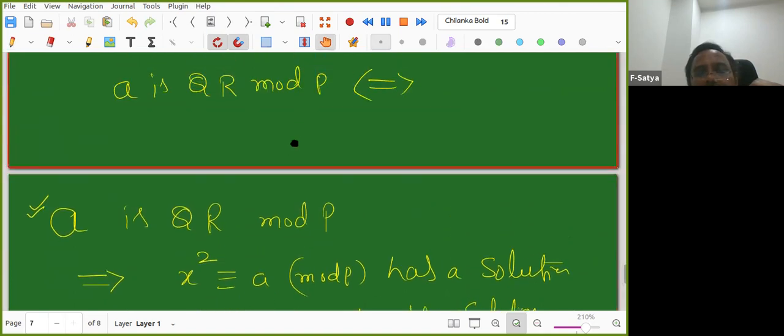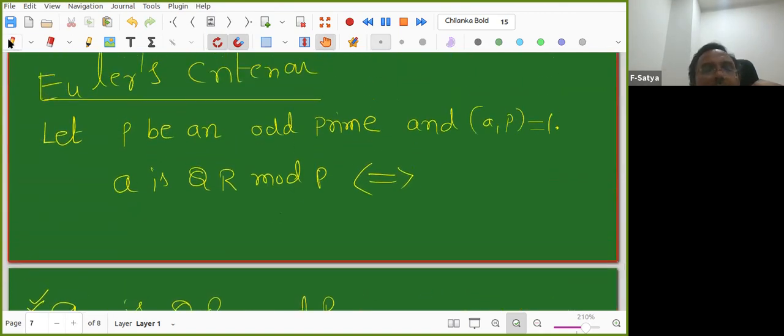So that is the theorem statement: if A is a quadratic residue modulo P, then A to the power (P-1)/2 is congruent to 1 modulo P.